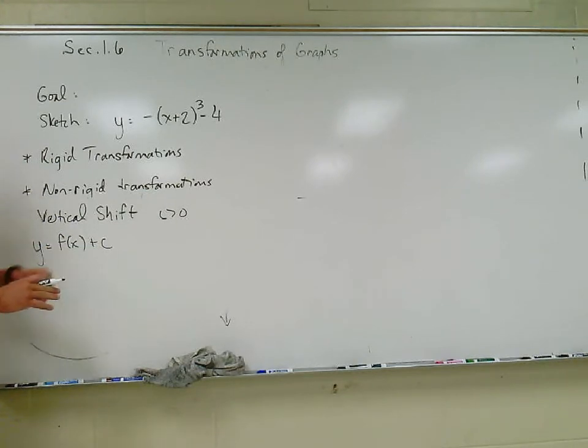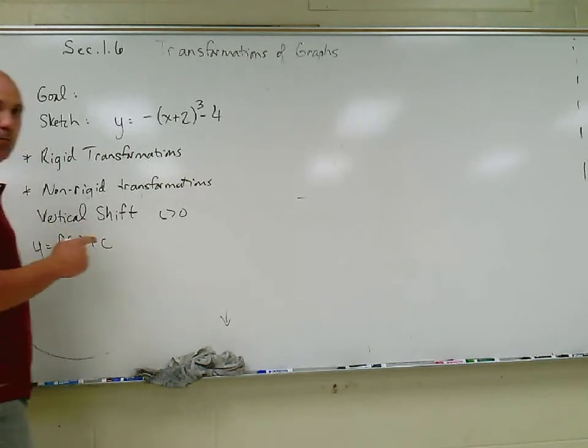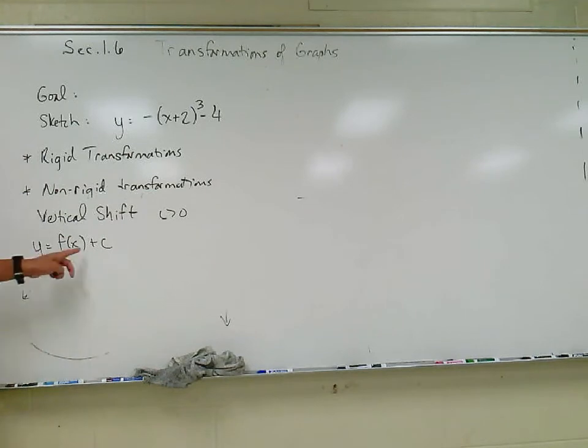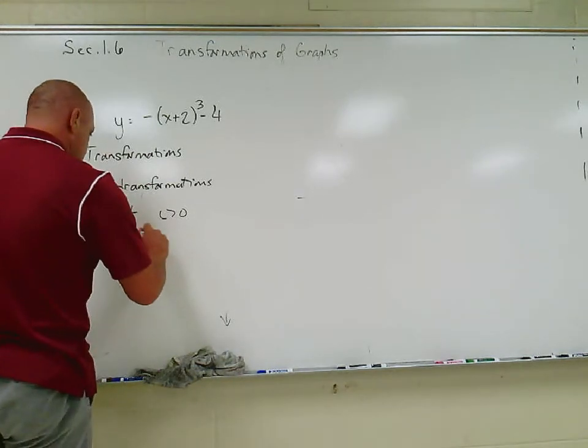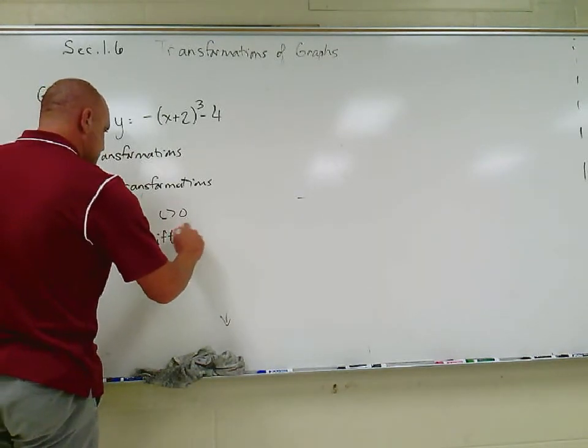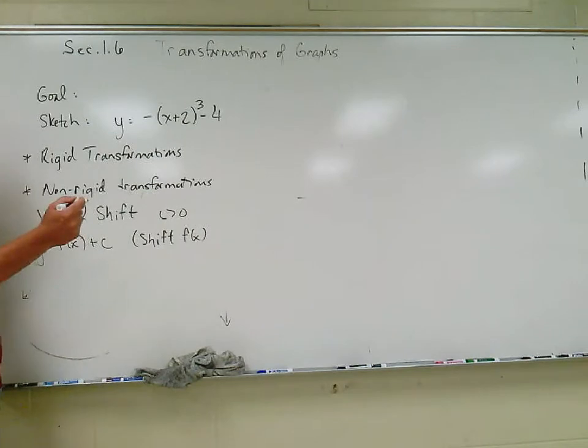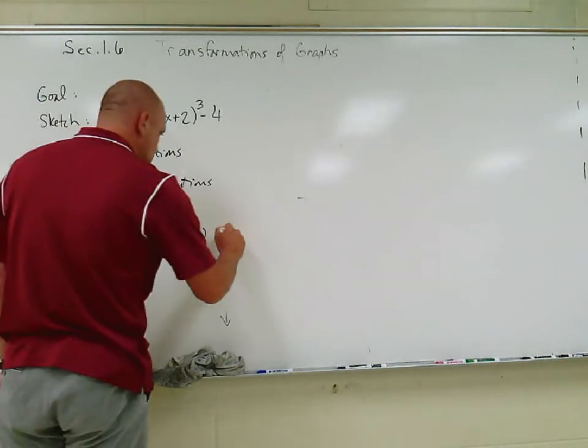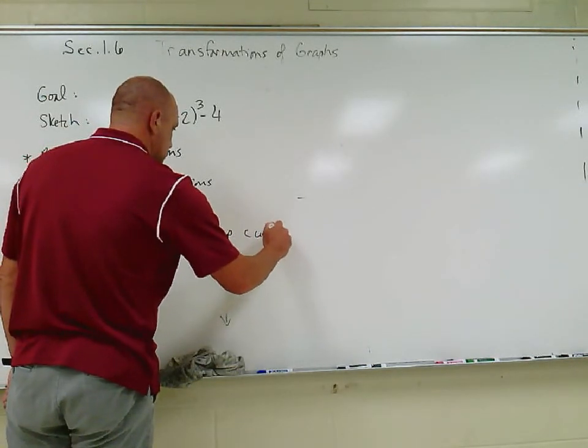Okay, c itself is greater than 0. Where do you move? So if it's plus c here, we move where? We say shift f of x where? Up, how far? c units.